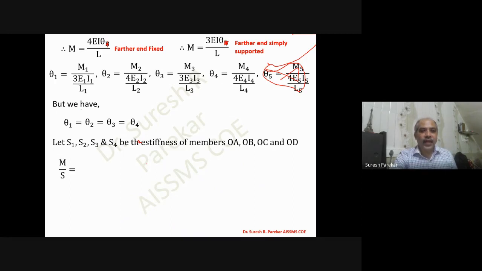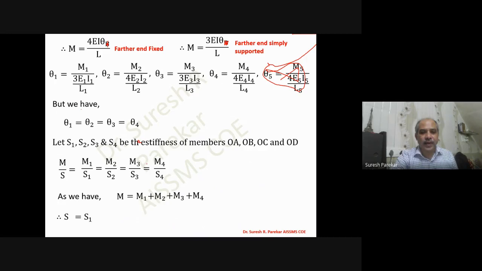Now for the overall stiffness, I will say total stiffness is S and total moment is M. So M by S equals M1 upon S1, and these ratios are the same. Since M is M1 plus M2 plus M3 plus M4, automatically S equals S1 plus S2 plus S3 plus S4, because the moments in the numerator are summed, so the denominator also becomes a summation.